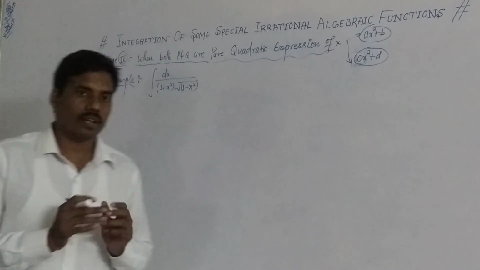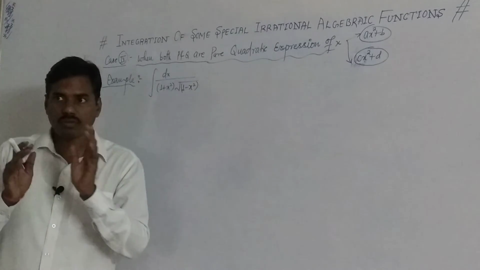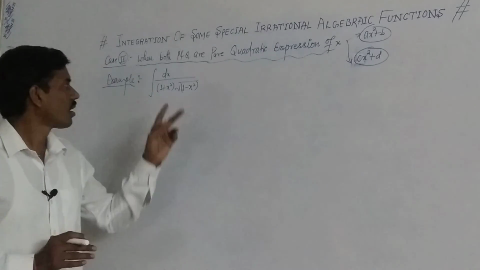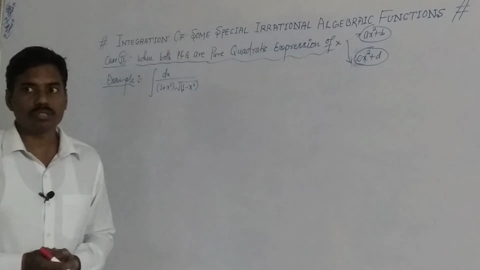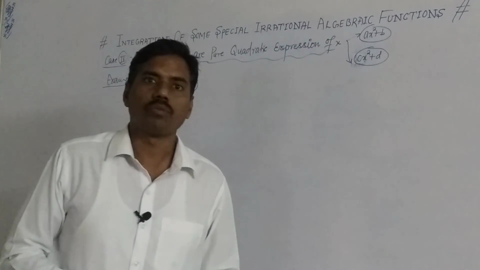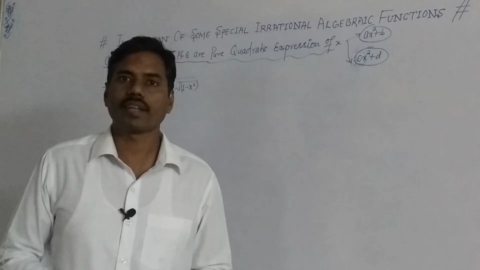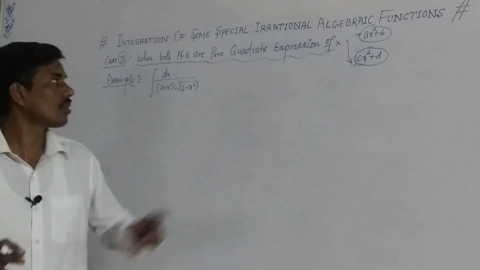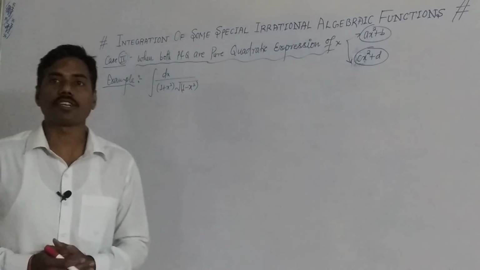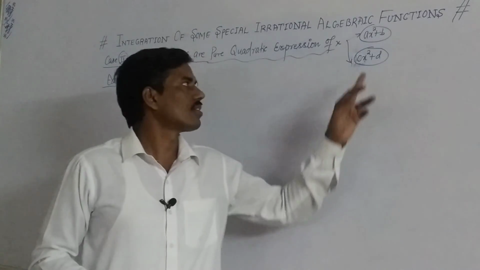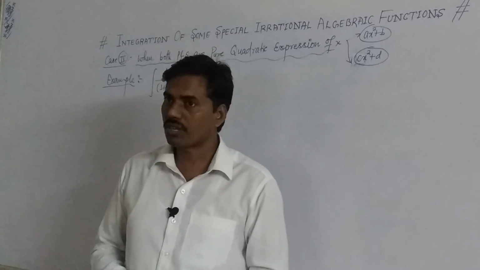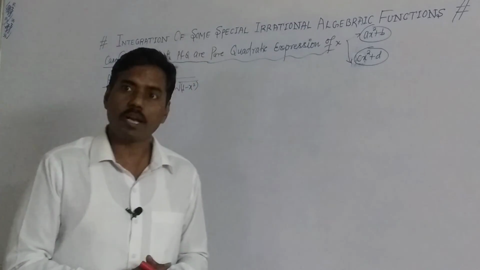then we get there are two expressions. First one is a quadratic expression in x, and the second one, which is present in the radicand sign, is also a quadratic expression. That is pure quadratic expression, that is in the form of ax square plus b, and the second one is cx square plus d, means the x term is absent.